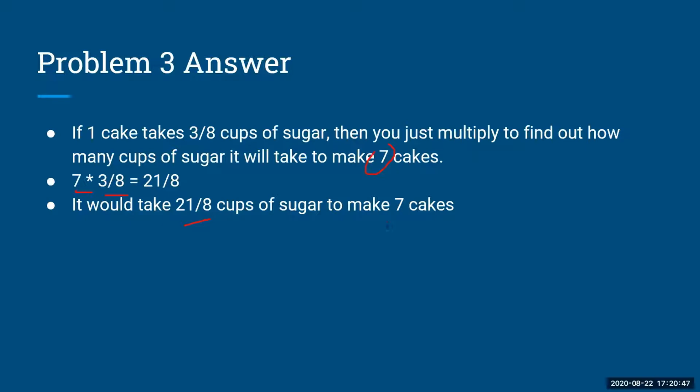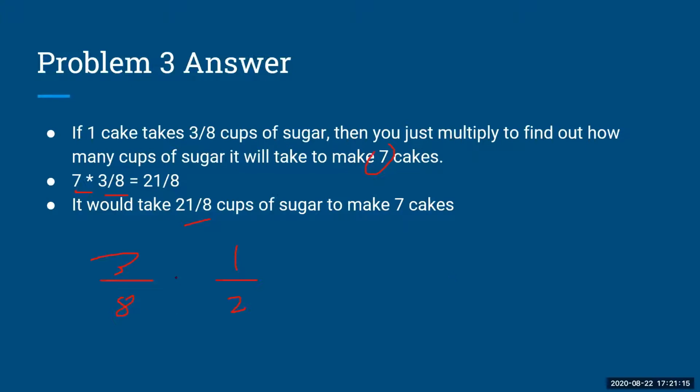Whole numbers. If you made 1/2 a cake, you could say 1.5 over 4, but that's not it necessarily.